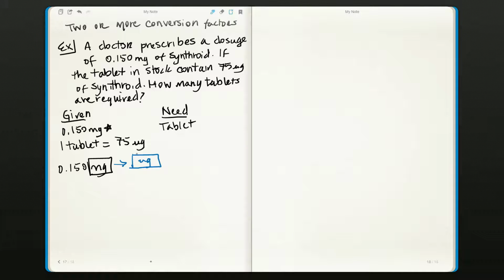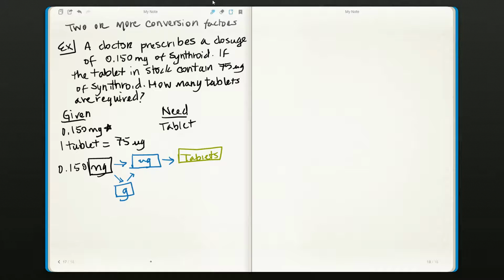Okay? Now, there's no conversion listed in your book to go directly from milligrams to micrograms. So we're going to have to do a step in between where we go to grams. And then from grams, we can go back to micrograms. And then there's even another step that we're going to have to do to get to how many tablets. Okay?